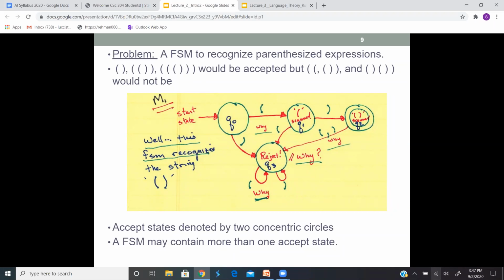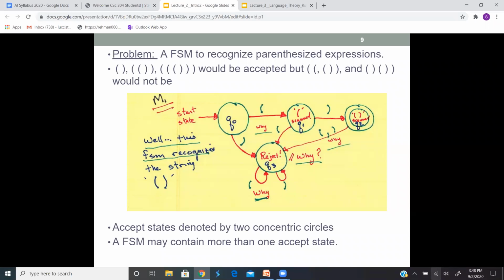Okay, so double circle means it's an accept state. What does that mean? It means the string that got you there. We're concerned with the path from Q0 to a double circle state. So look at the machine, look at Q0, and suppose we see a left paren. You notice the arrow going to the right sends us into Q1. Another right paren, and the arrow sends us into Q2.